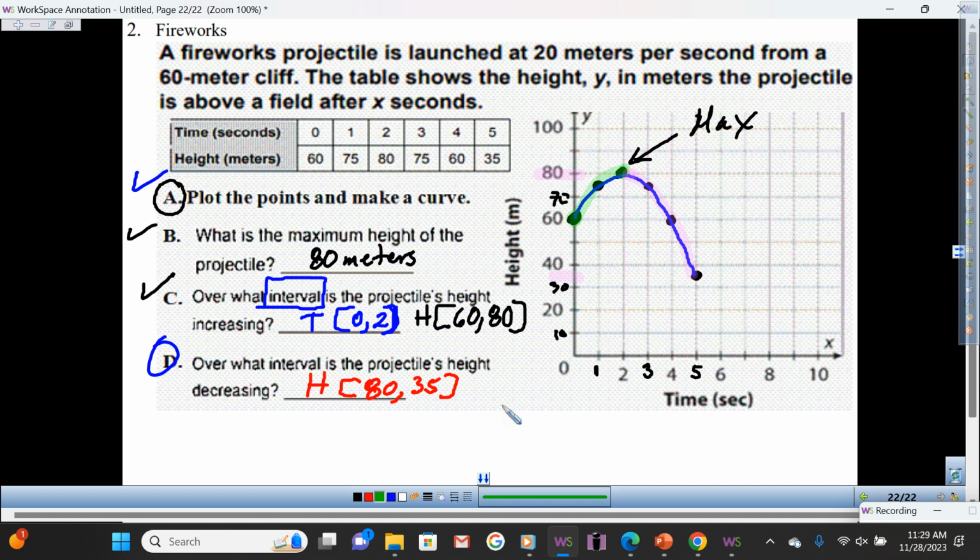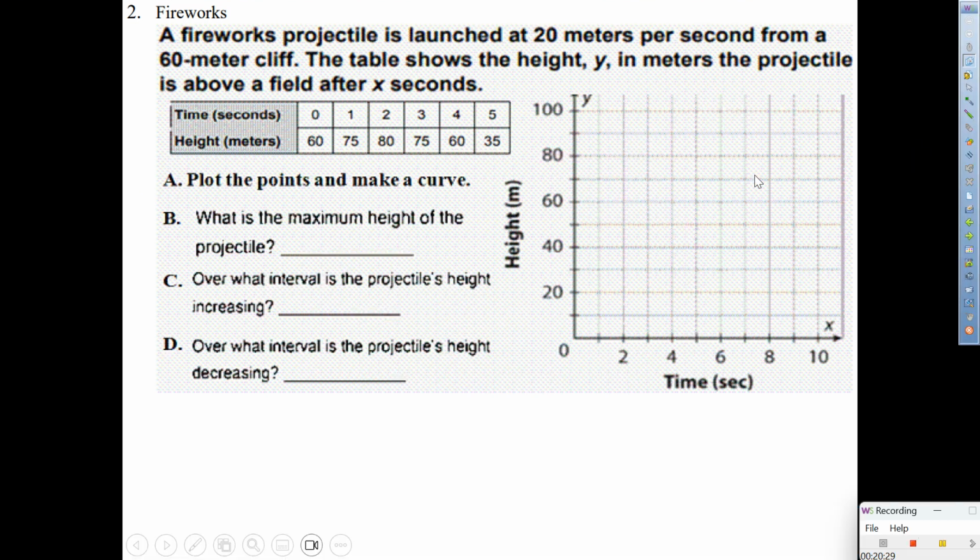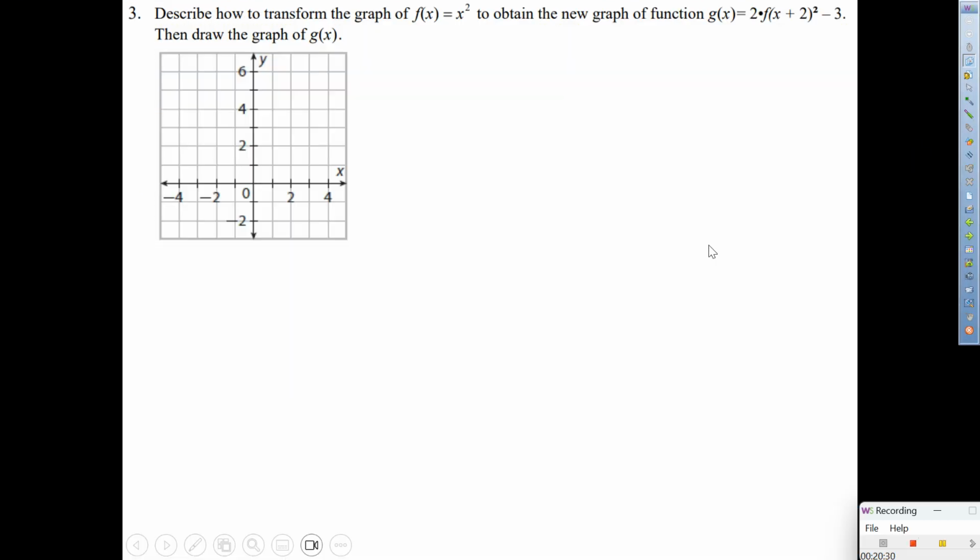Noah. 2, 5 bracket. Hands, if you got that? That is correct. In time, it decreases from here to here, 2 to 5. All right, I'll come to where you with this one, number 2. Good. Let's go to number 3.